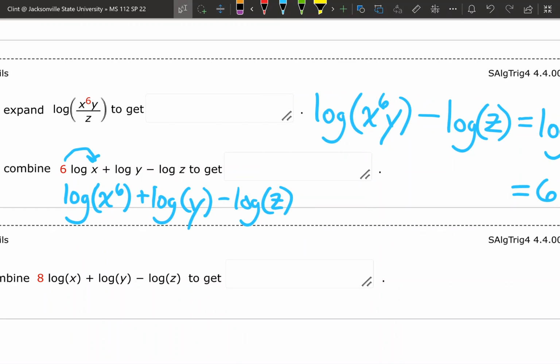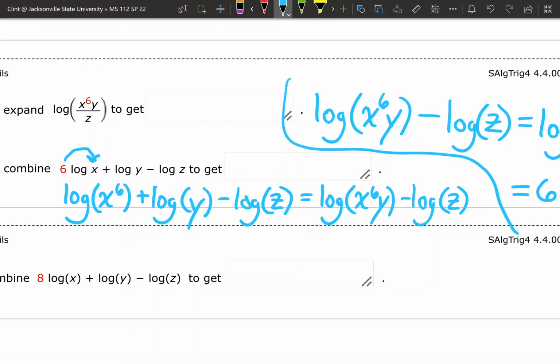So let's see where I want to write this. And a plus, so it turns into multiplication. And then we've got minus log of z, so the z goes on the bottom.